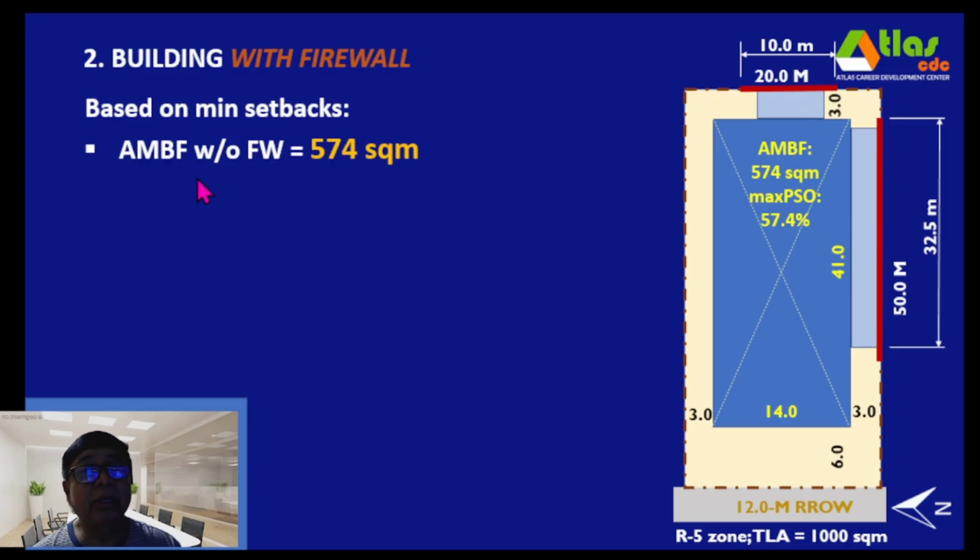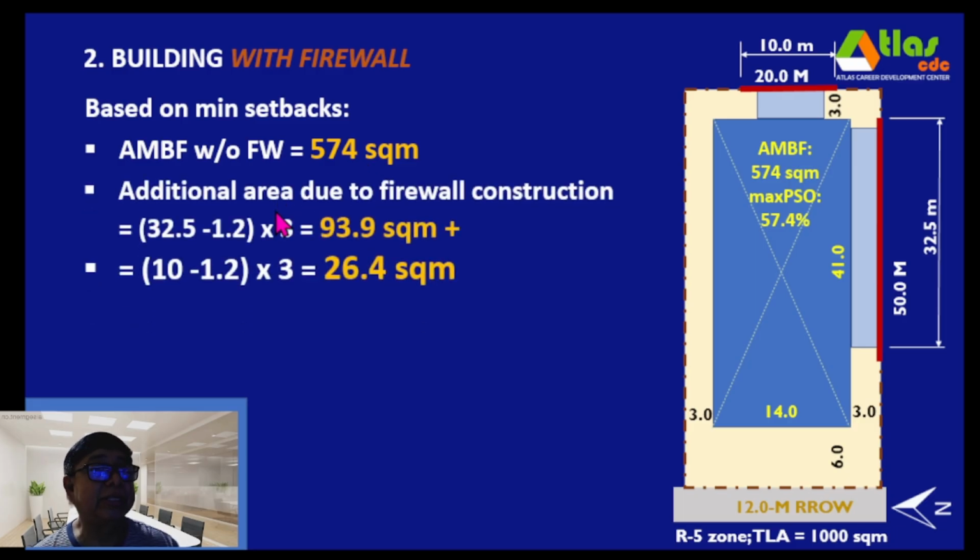So our AMBF is without firewall 574, and then we add the firewalls at the side and at the rear. So this is 32.5 minus a total of 1.2, and then we multiply it by the 3 meters width of the minimum setback. That will give you 93.9 square meters.